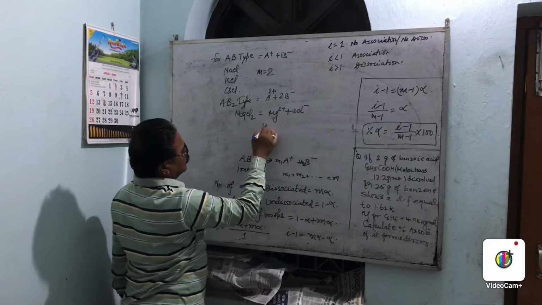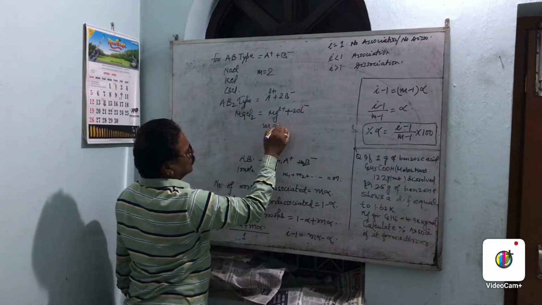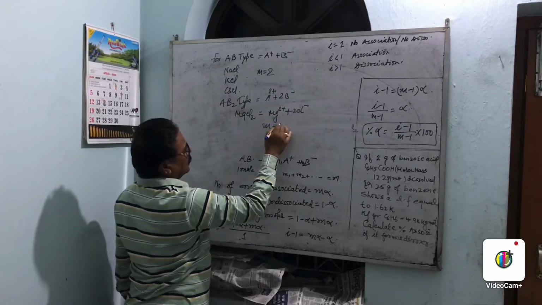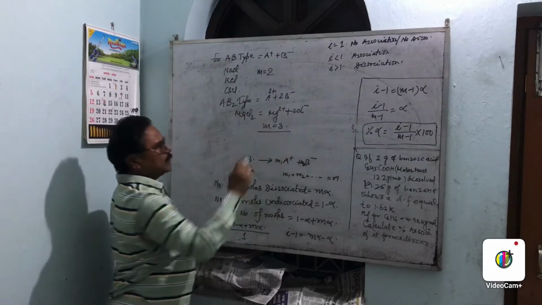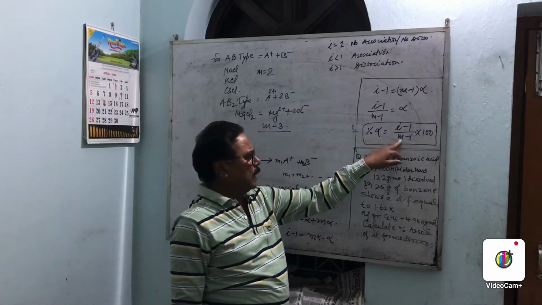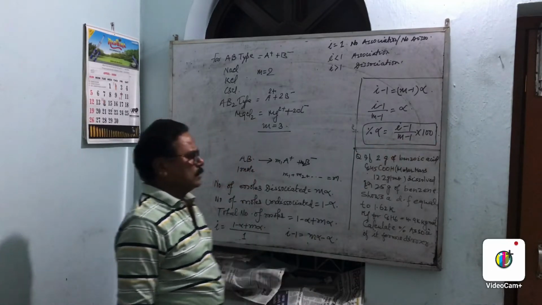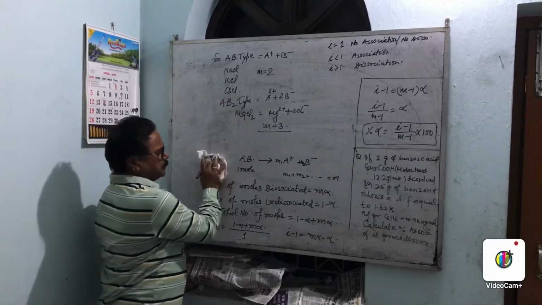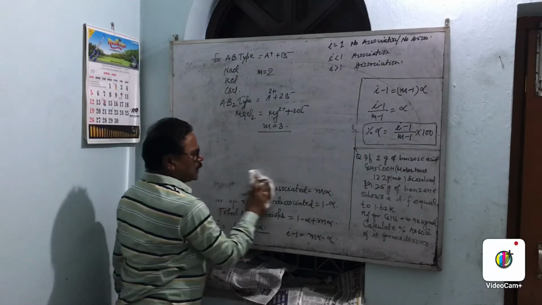So what is the value of m here? That is 2 plus 1, that is equal to 3. When we have the problem, this is how we will put the value of m.